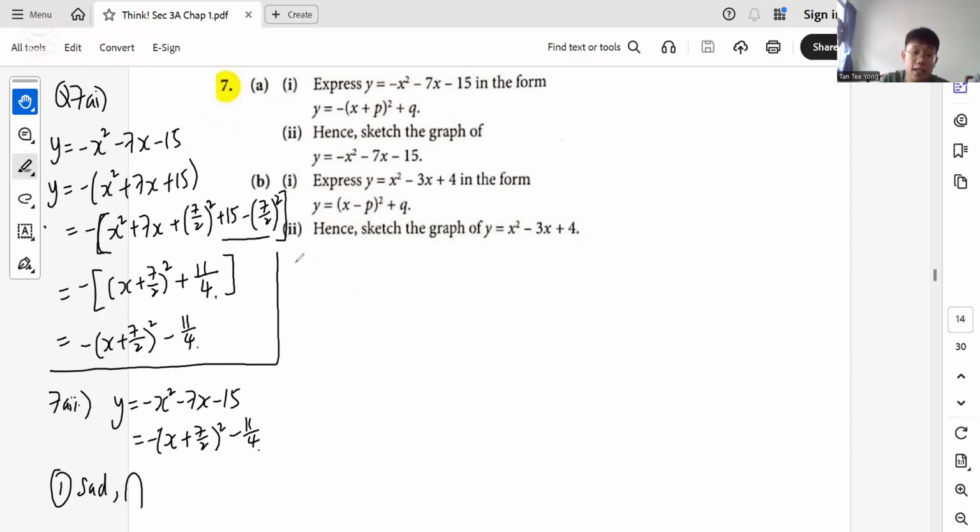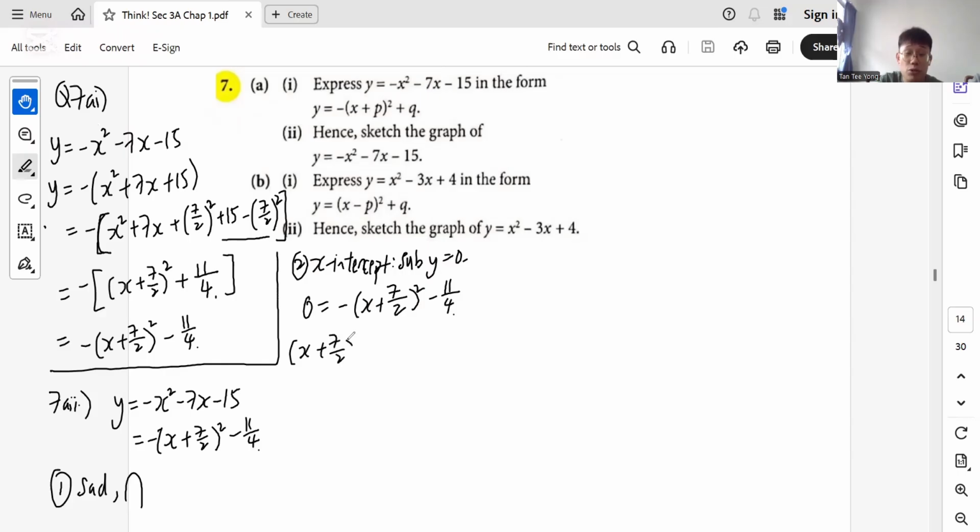Then info number 2, x-intercept. So we sub y equals to 0. When you sub y equals to 0, you have 0 equals to negative x plus 7 over 2 squared minus 11 over 4. Then you shift it over, so x plus 7 over 2 squared equals to negative 11 over 4.